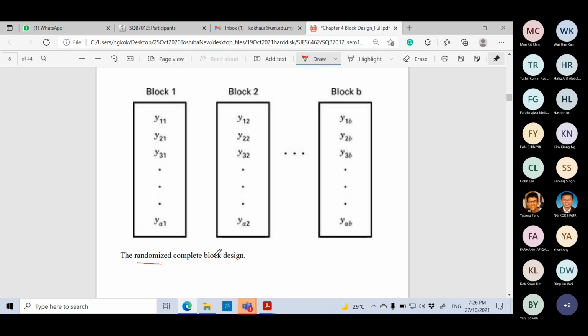But now that you have a block, we use the randomized complete block design. There is another version called the incomplete block design. A complete block design means that all the treatment levels are run in every block.